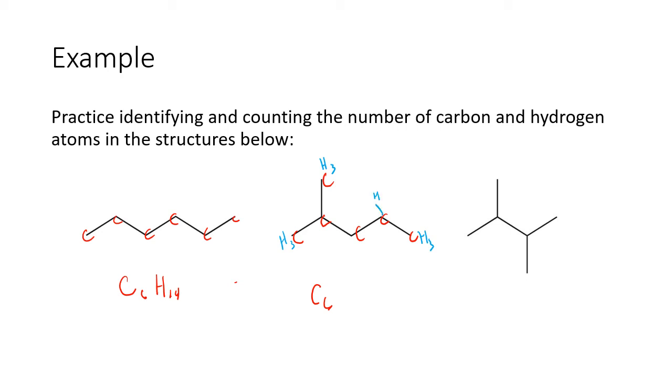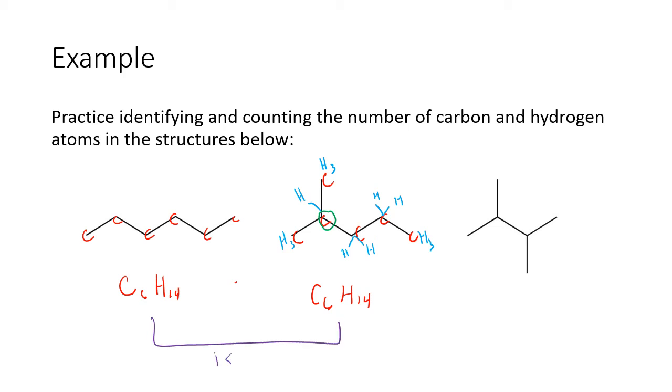Coming off of here, we're going to have 2 of them, so 11. 2 more, 13. And then notice this carbon right here already has 3 bonds. So there must only be 1 hydrogen coming off of there. So our formula is C6H14. Notice it's the same formula as our first one.